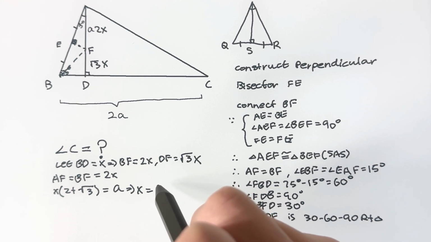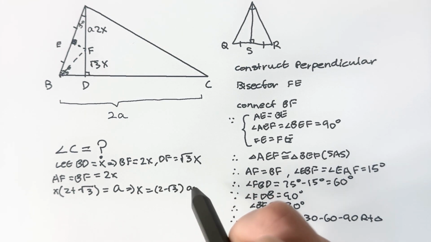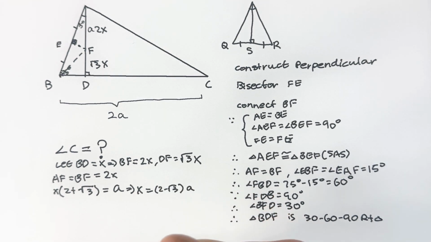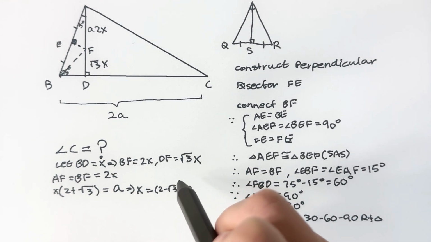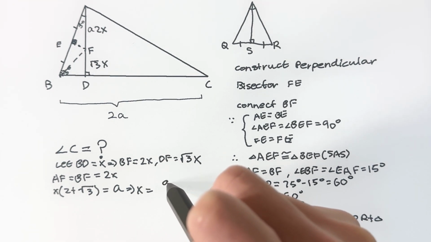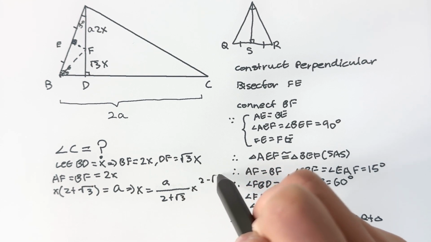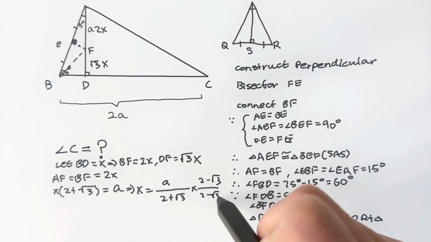You can simplify that by rationalizing the denominator. This will equal a over (2 plus square root 3) times (2 minus square root 3) over (2 minus square root 3).